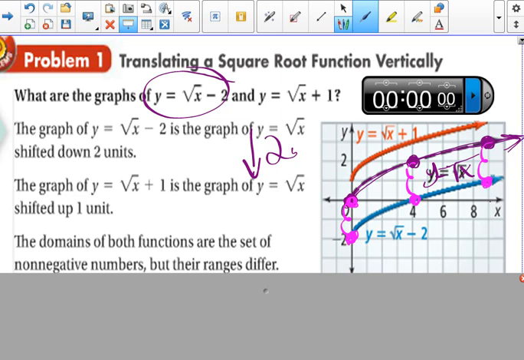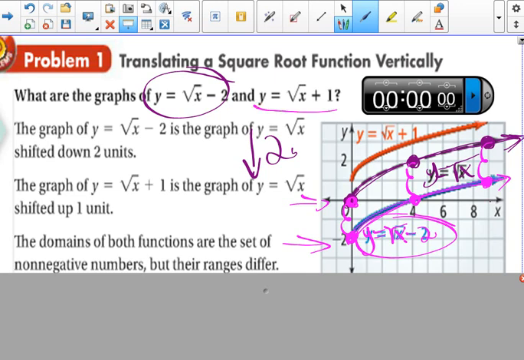And now I can draw it. And underneath it, I'm going to write my equation, y equals the square root of x minus 2. So there's no doubt that that's my parent function there, and this is my translation of y equals square root of x minus 2. Any questions on that?